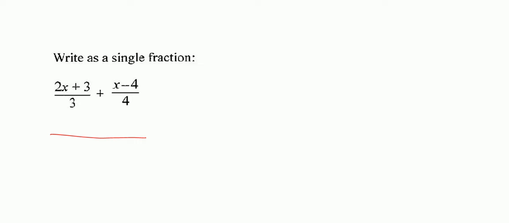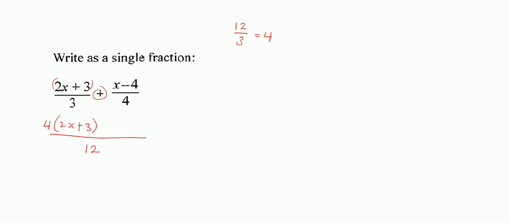So the LCM of 3 and 4 is 12. Okay. So 3 can go into 12 4 times. So what I'm saying is 12 over 3 will give me 4. So I'm going to take that 4 and multiply by the top, which will be 4 multiplied by 2x plus 3.